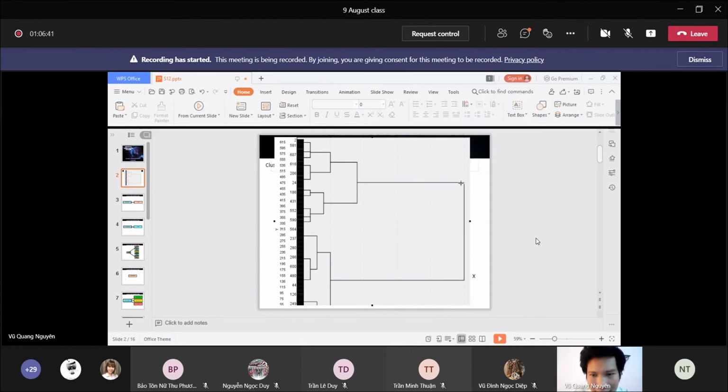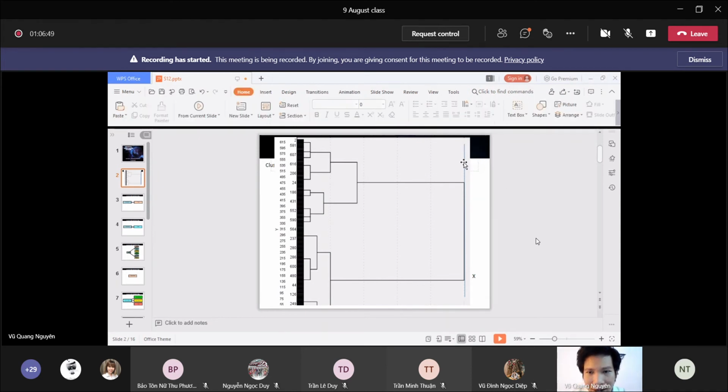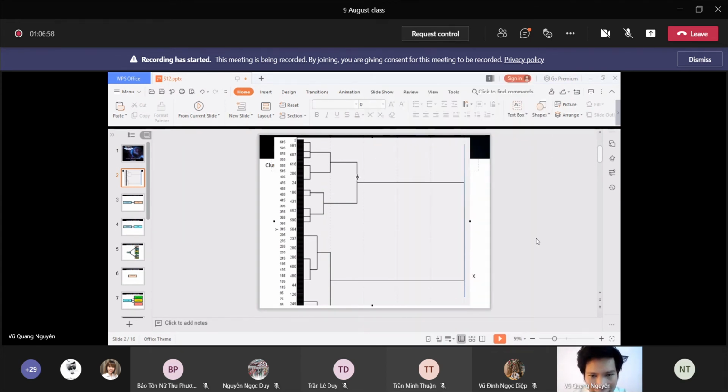You draw the lines like this. Whenever you see a vertical line, you draw a line into that vertical line. For example, this one is a vertical line.